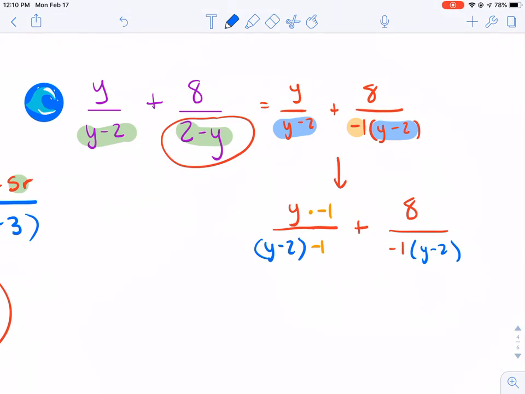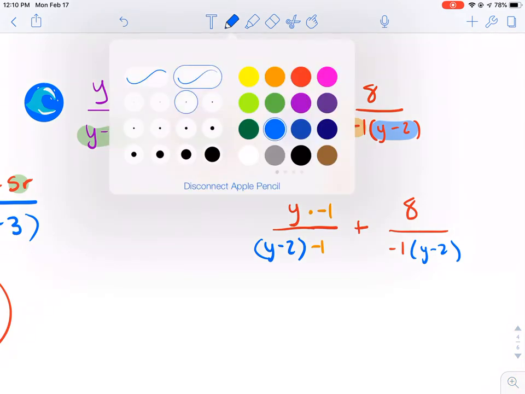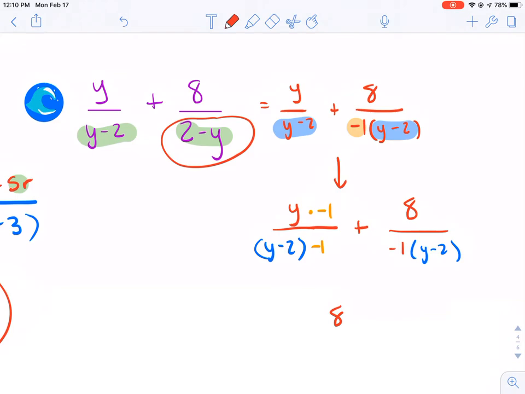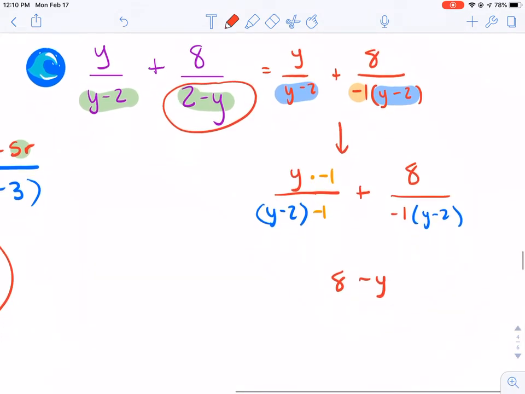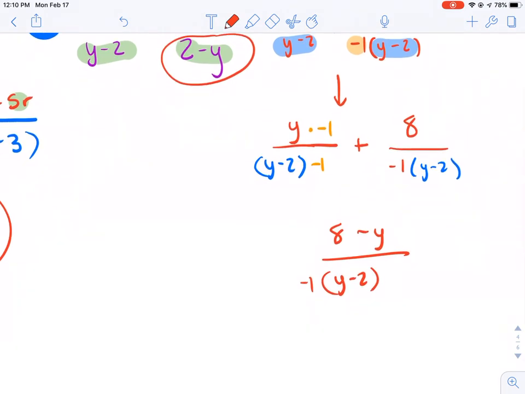So now we have, in the top, 8 minus y, because y times negative 1 is negative y, so we can put that after the 8, over y minus 2 with a negative 1 there. Okay, and we could put this negative in the top, we could put it in the bottom. I'm just going to change how it looks a little bit.